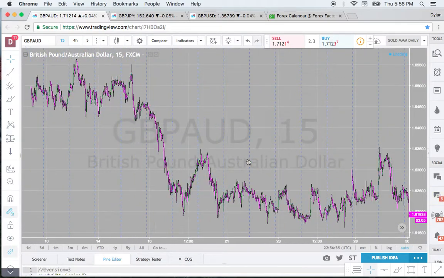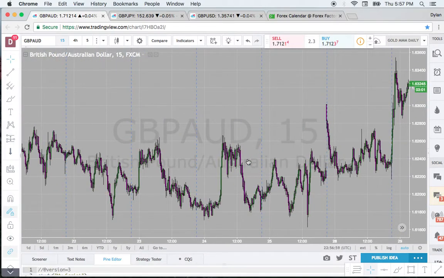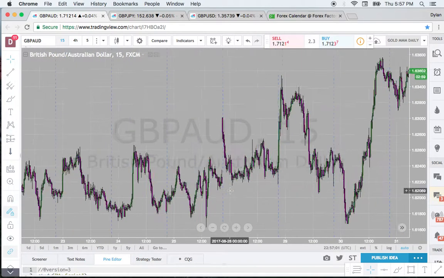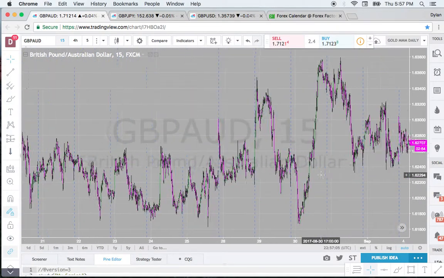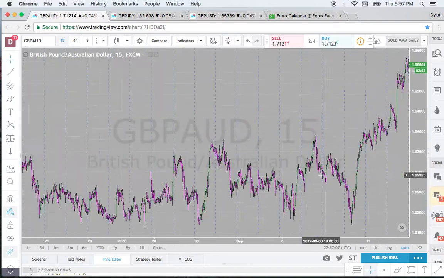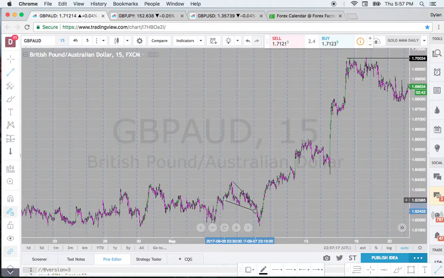I'm trying to find a little wedge here so I can show you a W. Anyway, this is kind of a W. Wedge, breakout, second leg.